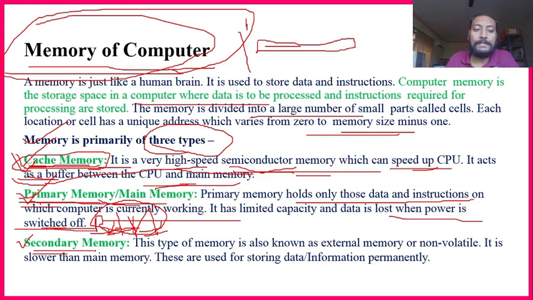Now let's explain the secondary memory, that is called ROM. ROM means read only memory. This type of memory is also known as external or non-volatile memory. It is slower than the main memory, a little bit slower.